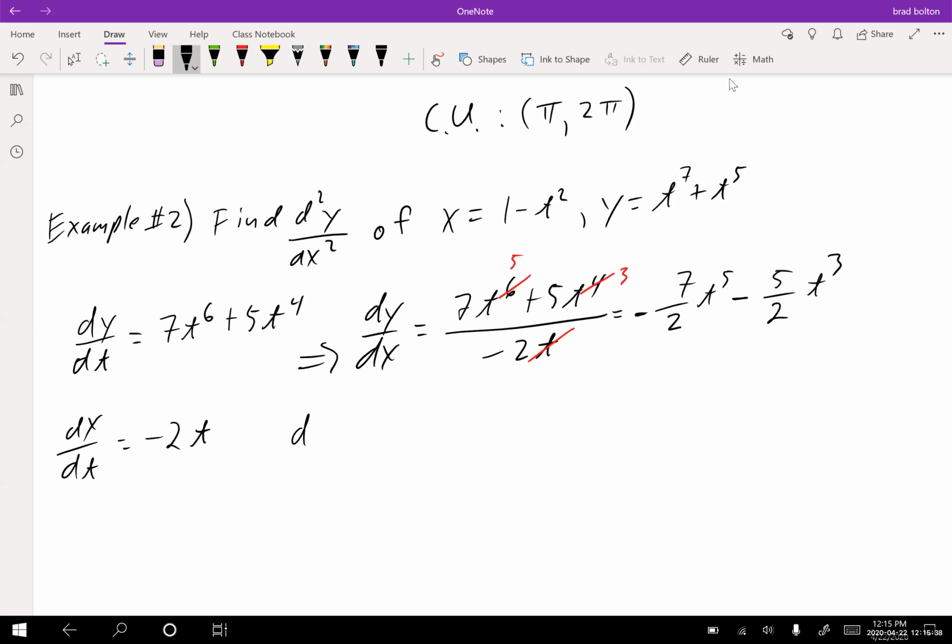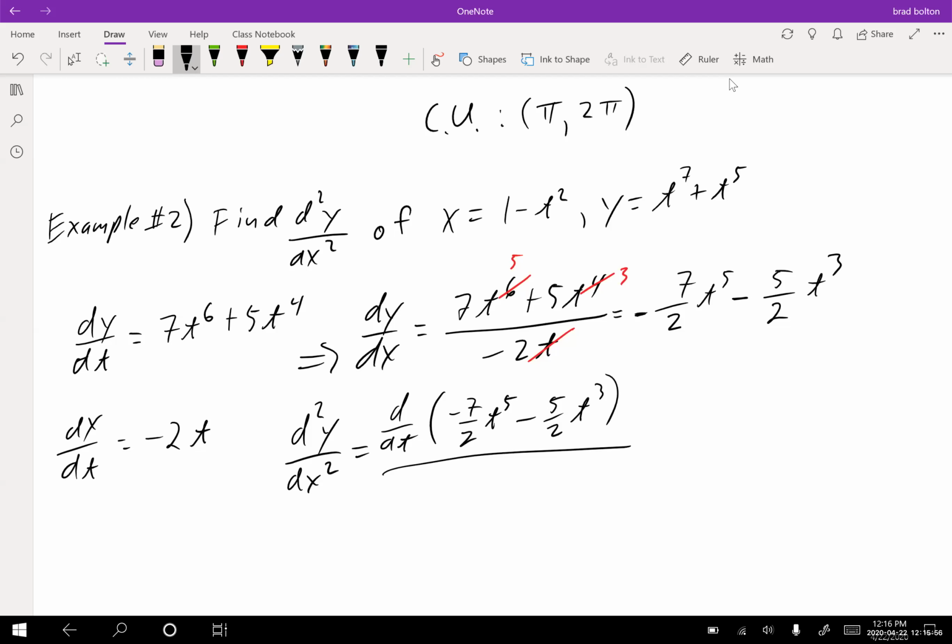Remember, d squared y over dx squared, the second derivative, is the derivative of that. So I'm going to take d/dt of negative 7 over 2 t to the 5th minus 5 over 2 t cubed, and divide that by dx dt, which is negative 2t.